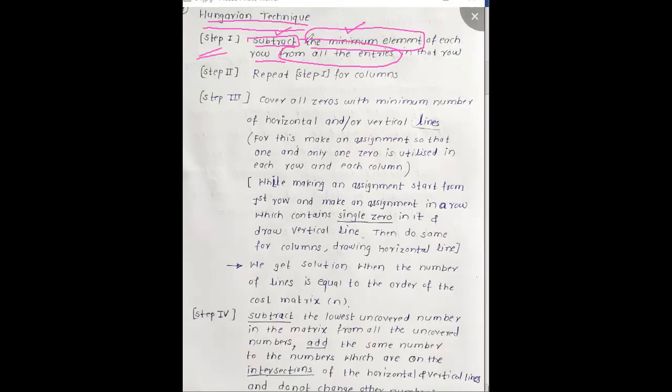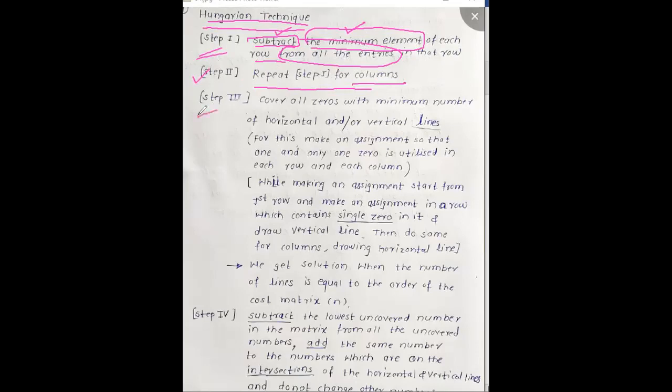Similarly, we repeat it for the second row, third row and fourth row. If there are 4 rows, then we repeat the process for all the 4 rows. Then repeat step 1 for columns. That means look at the columns starting with the first column, subtract the minimum element of each column from all the entries in that column. So now step 1 is repeated for columns.